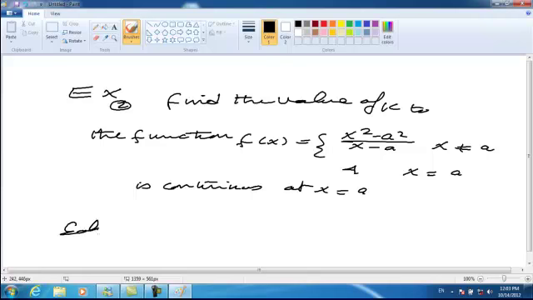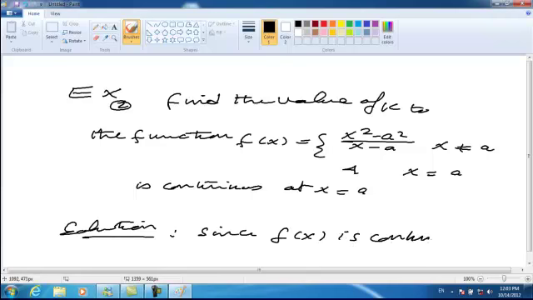Solution: since f of x is continuous, then f of a equals the limit of f of x as x tends to a.